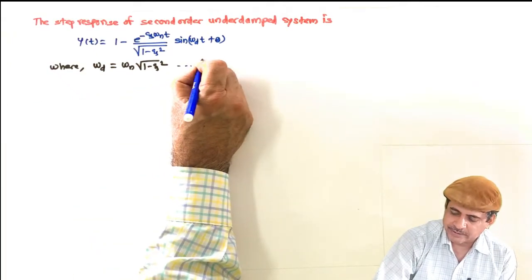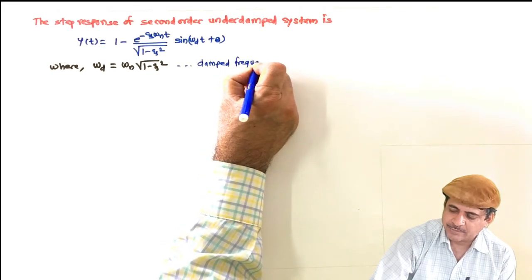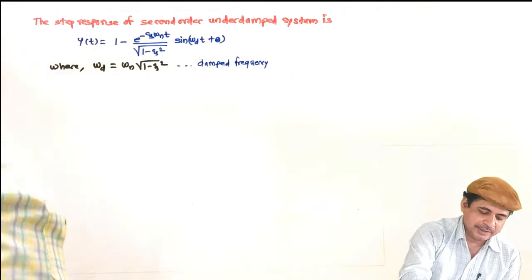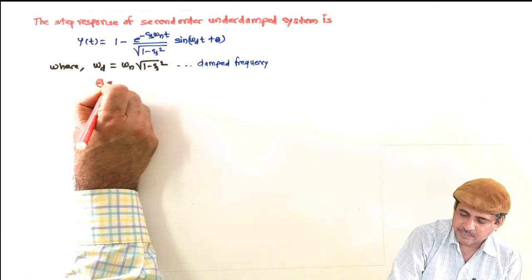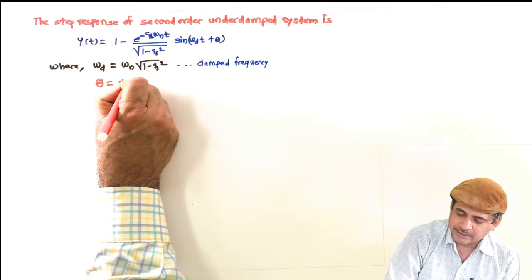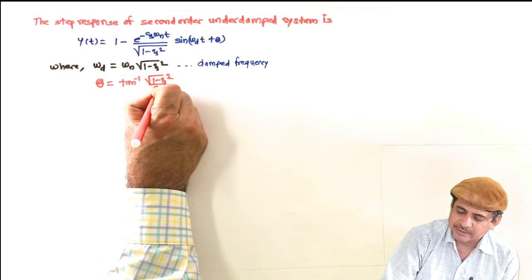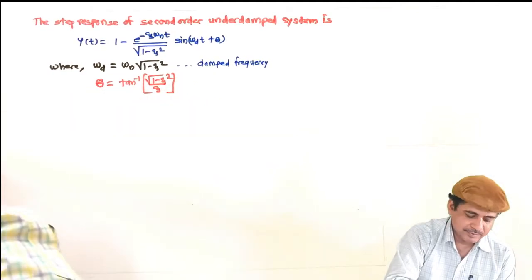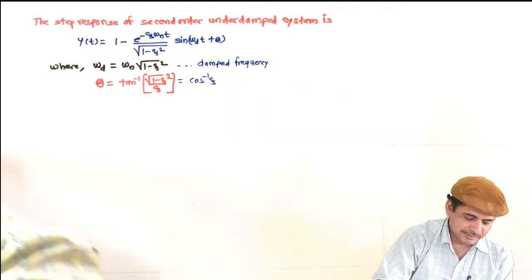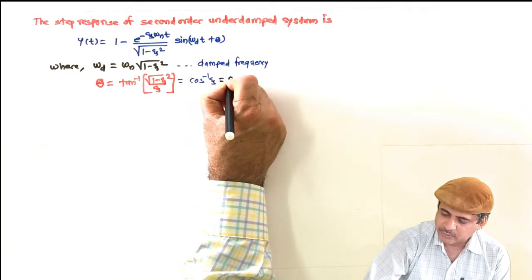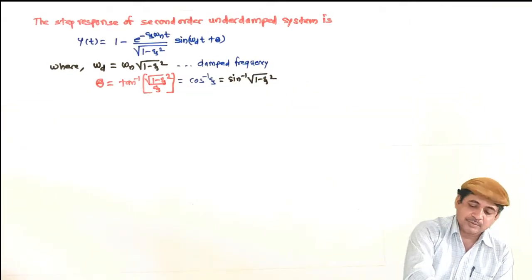This is also referred to as damped frequency or frequency of damped oscillations, and this theta is given by tan inverse of under root 1 minus zeta square by zeta, which is also equal to cos inverse zeta, and which is also equal to sin inverse of under root 1 minus zeta square. But how does this come?